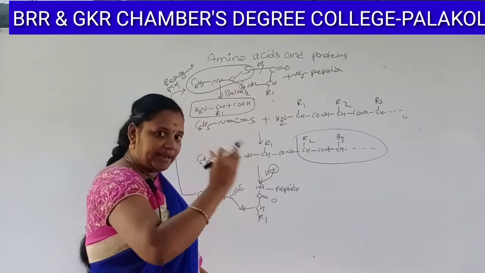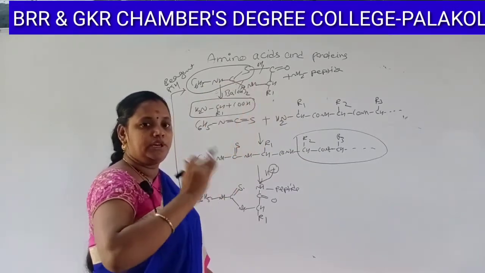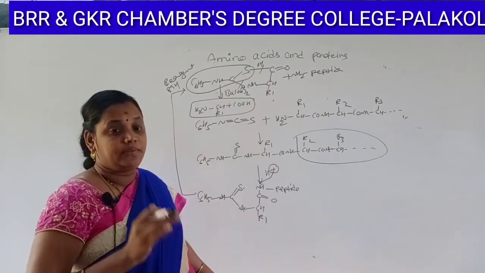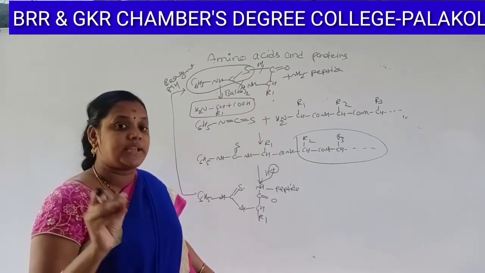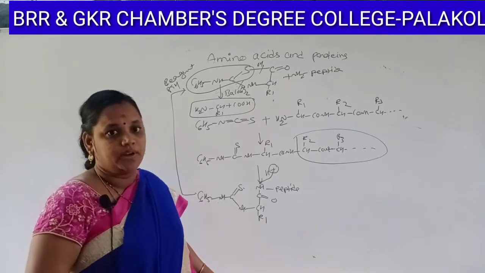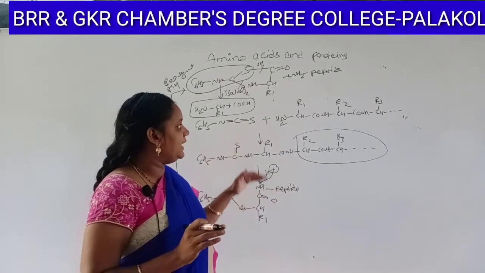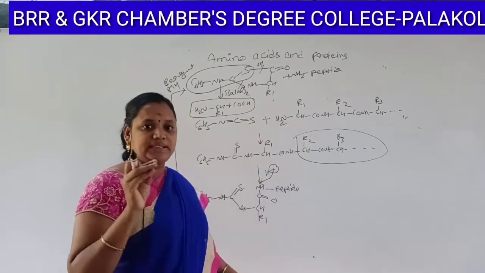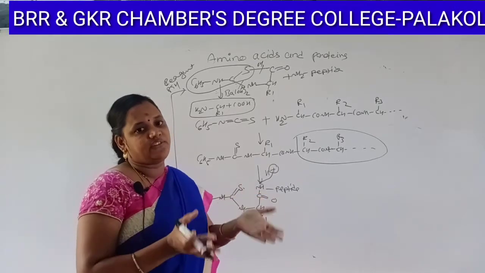We are cutting the polypeptide chain to find from which amino acids it has been formed. By doing this reaction we can easily say the combination of the peptide chain.